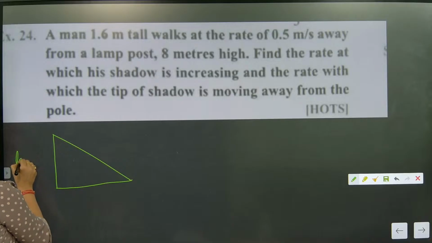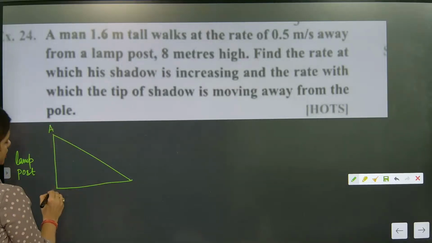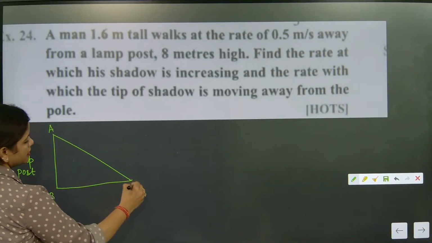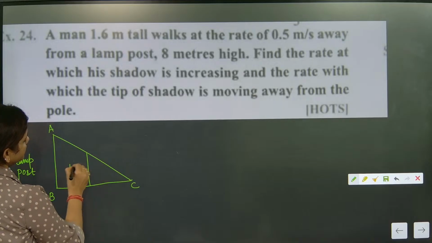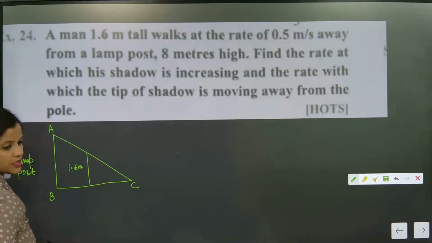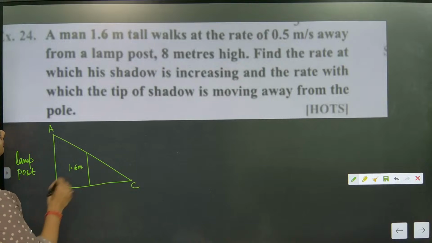So this is a lamp post. Now this lamp post is A, B and C. This is 1.6 meter height. Done. After that, what are they telling?